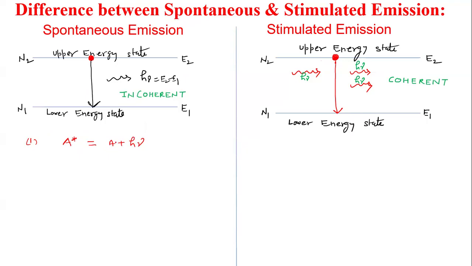A is the atom in the ground state, and A star is the atom in the excited state. Now in stimulated emission, already the atom is in the excited state. Now when this incident photon h nu comes, what will happen? A plus h nu plus h nu. These two photons will be emitted here.